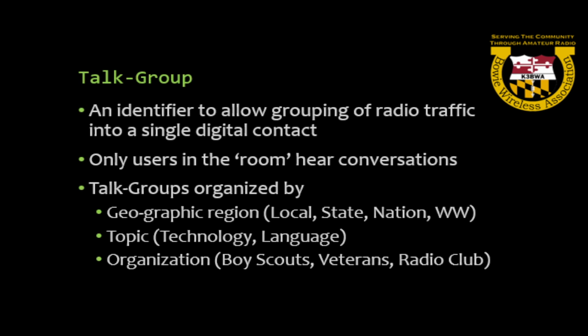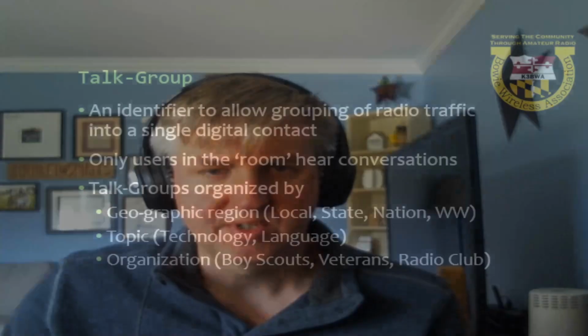A talk group is just a number that allows grouping of radio traffic into a single digital contact. Say, for example, one of the talk groups that exists is talk group 3124, and that's the talk group associated with Maryland statewide.